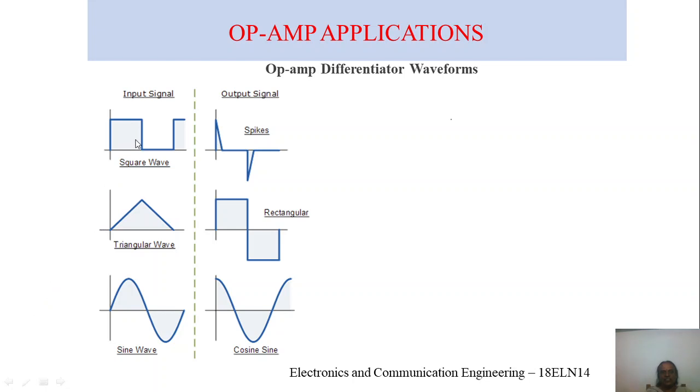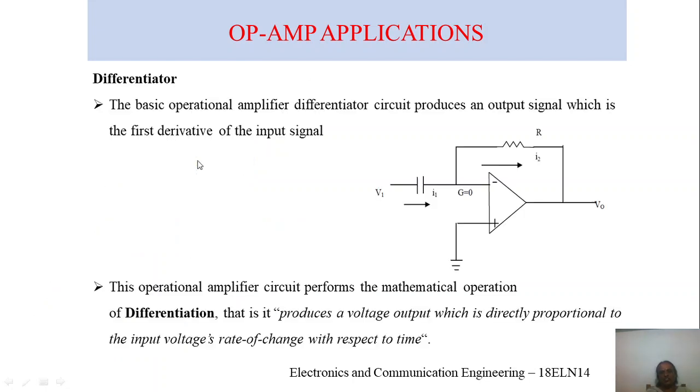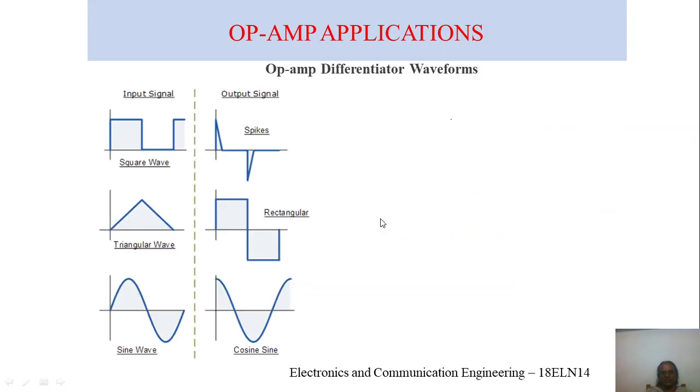Now you can see here, the equation for this is the output voltage V naught equals minus RC into dV by dt. The minus is there because the Vin is connected to the inverting terminal, whereas the plus terminal is grounded. These are the different op-amp differentiator waveforms. This is the input signal.